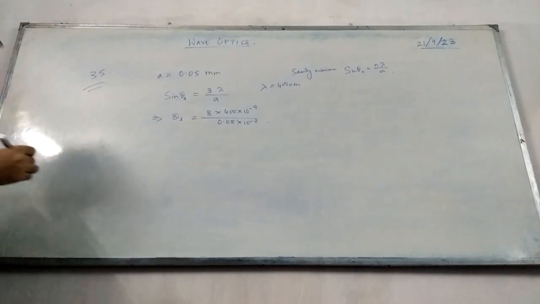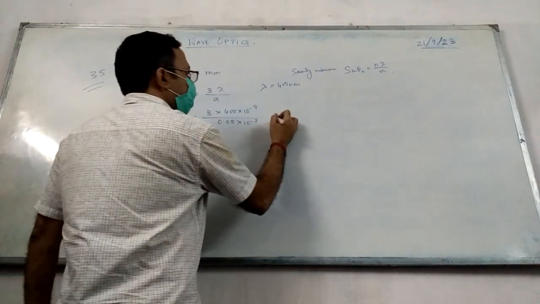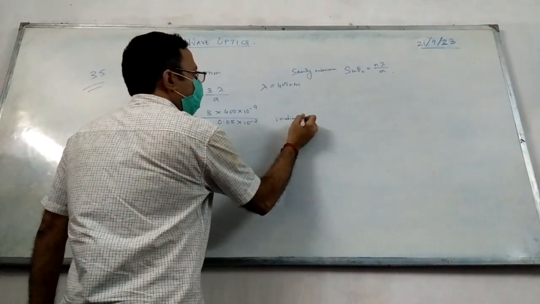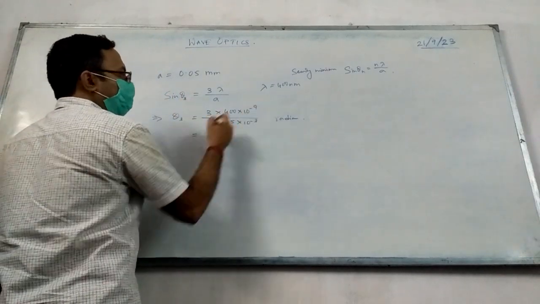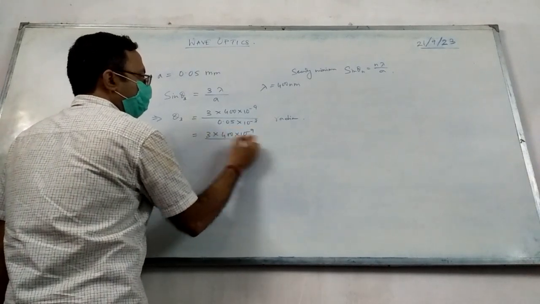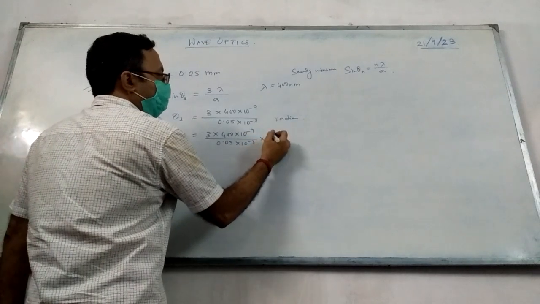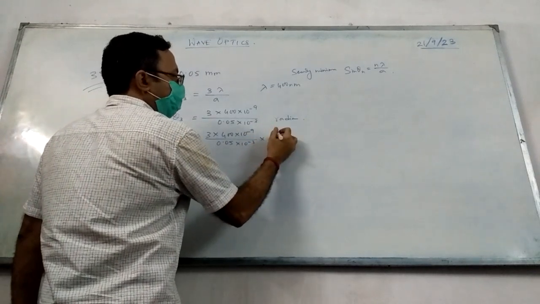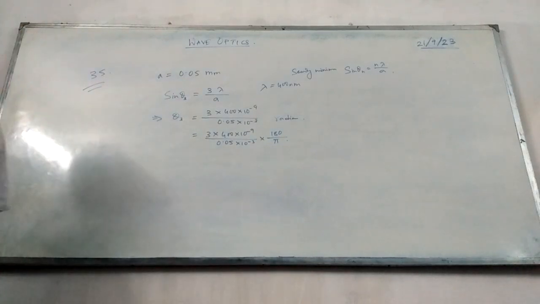This is the angular width you are getting, and whatever angle you get will come in radians. If you want to convert it into degrees, you need to multiply by 180 by pi. That will give you the answer in degrees.